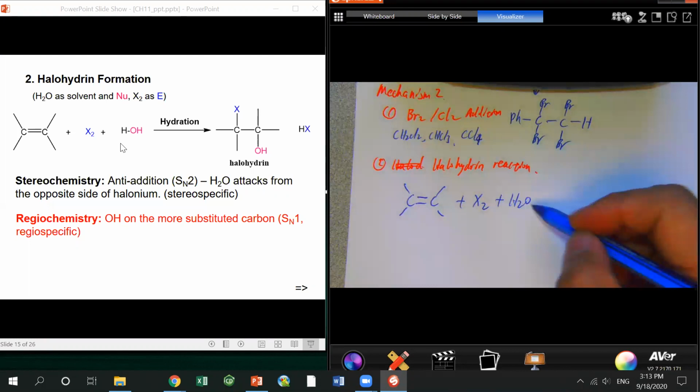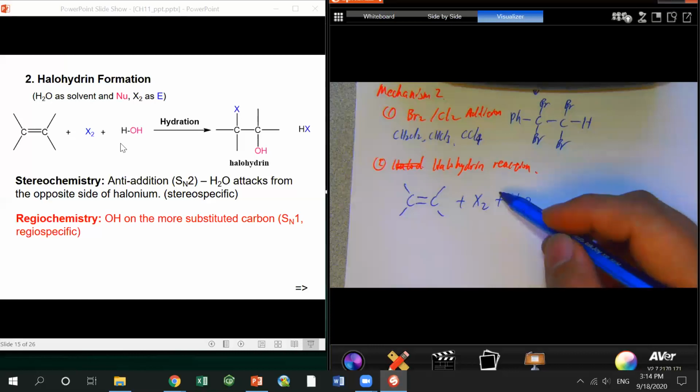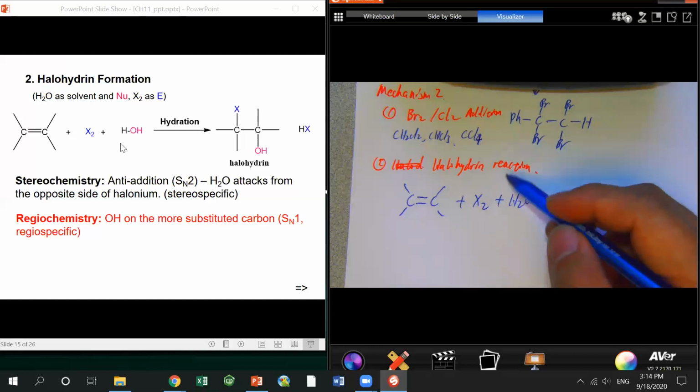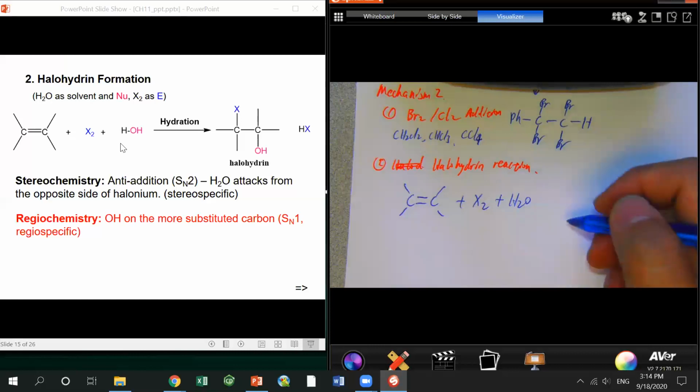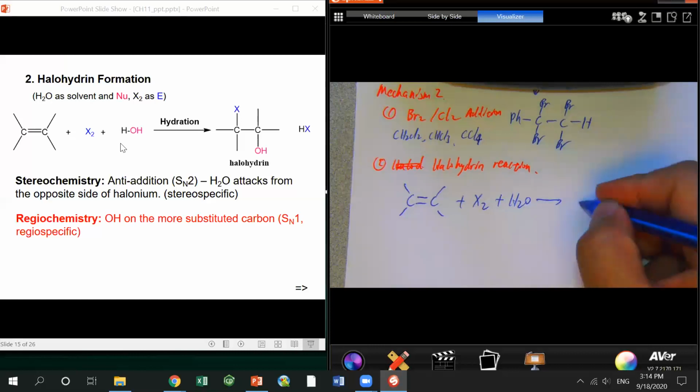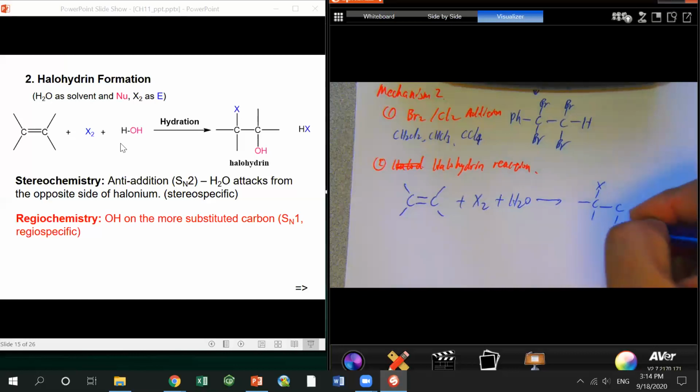But because the water is in excess, as the solvent, instead of Br minus or Cl minus opening the triangle, the water comes in, opens the triangle, and gives you what we call a halohydrin, and HX. It doesn't matter, so if you don't want to draw it, that's fine.